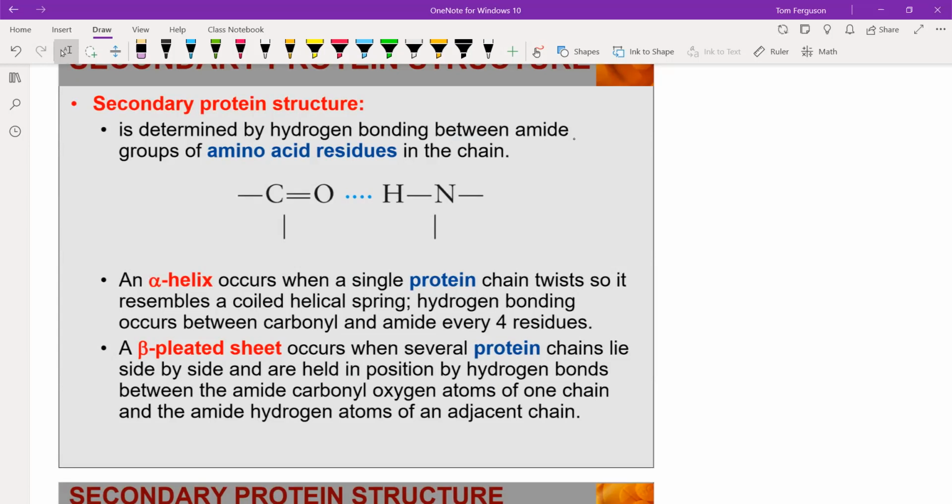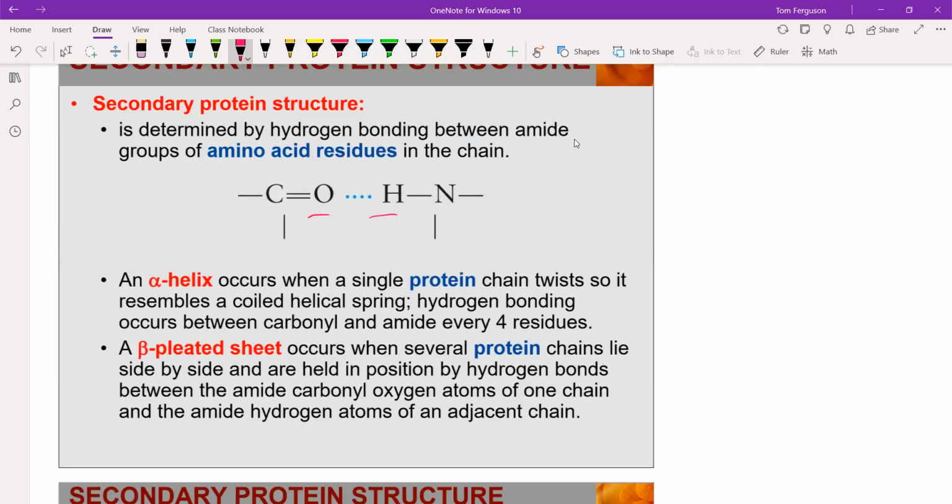Secondary is when we start getting interaction of the side chains. For example, here we can have hydrogen bonding, the hydrogen from the nitrogen and the oxygen from the carbonyl group. And there are 2 types of secondary structures: helix and pleated sheet.